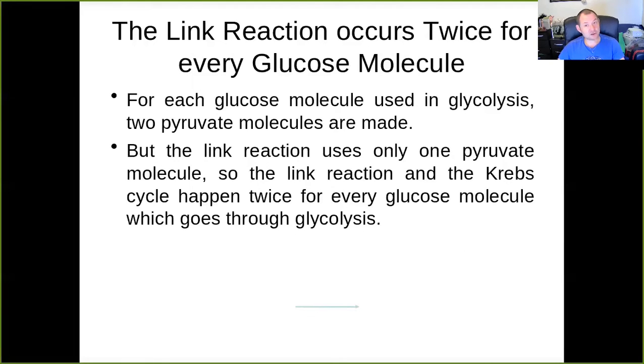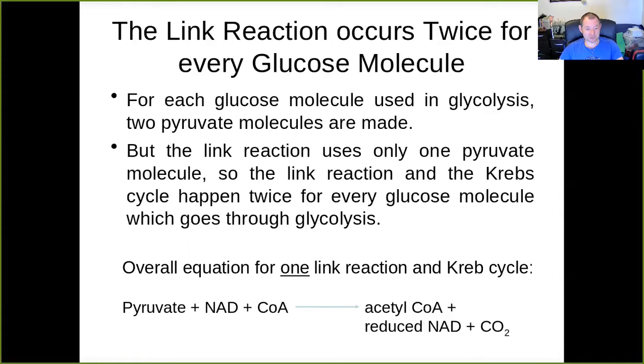Obviously, the link reaction occurs twice because we have 2 pyruvates. So all those numbers of NADs we've just talked about, double it. For each glucose molecule used in glycolysis, 2 pyruvate molecules are made. But the link reaction uses only 1 pyruvate molecule, so the link reaction and the Krebs cycle happen twice for every glucose molecule that goes through glycolysis.